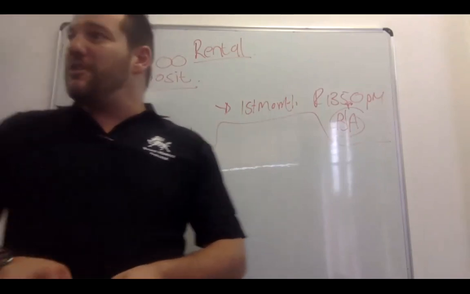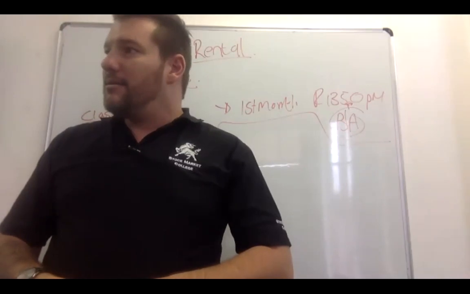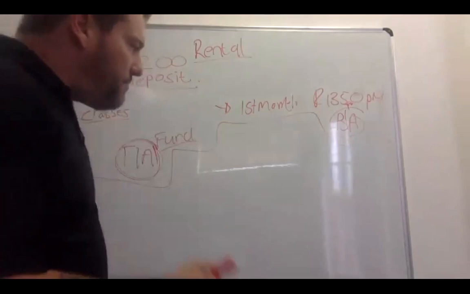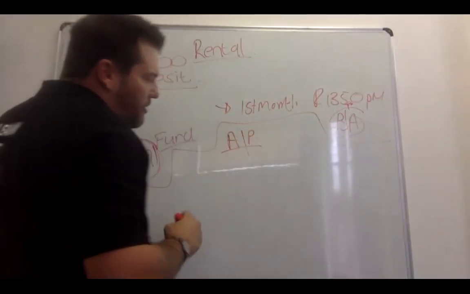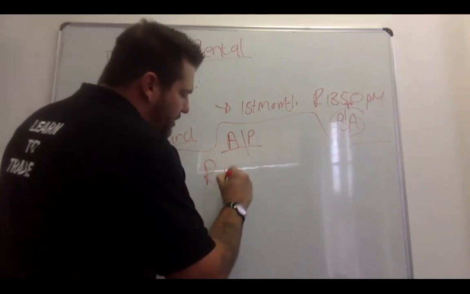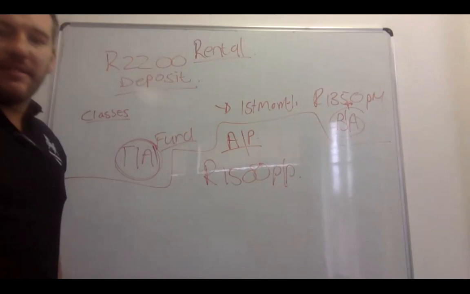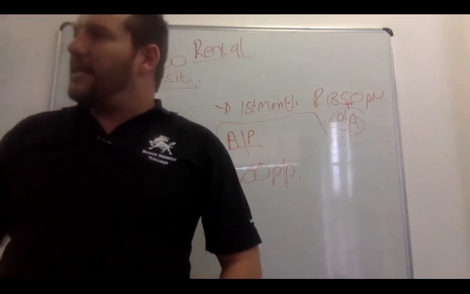So my next question to them will be, how many people do you know that want to make money? Why? Because every person that you refer to me, and I make you part of the affiliate program, I am going to give you 1,500 Rand per person that signs up.